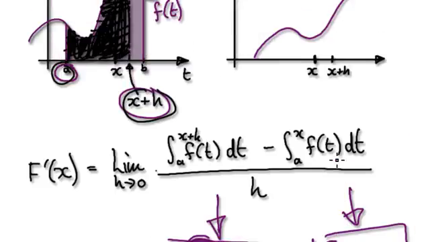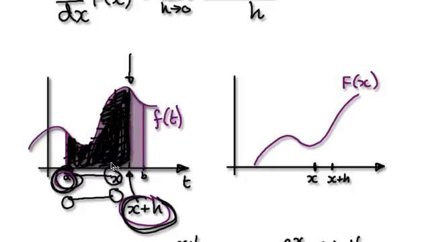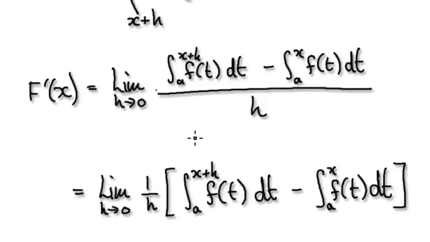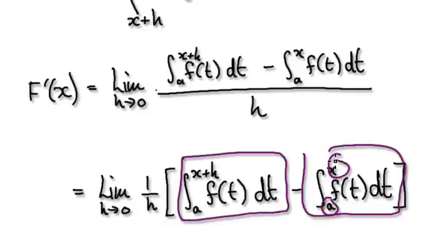So going back to here, earlier it was this whole area from A to x plus h, but now we've got to take away the area from A to x.